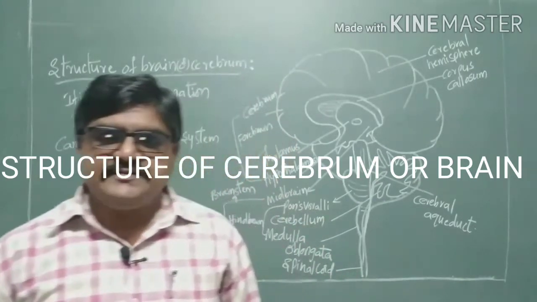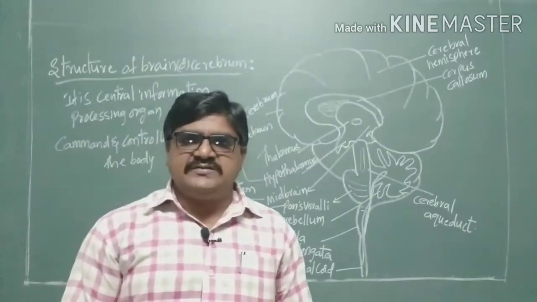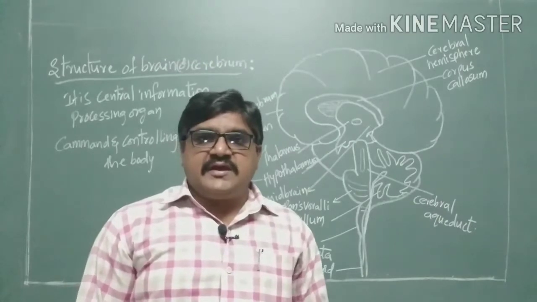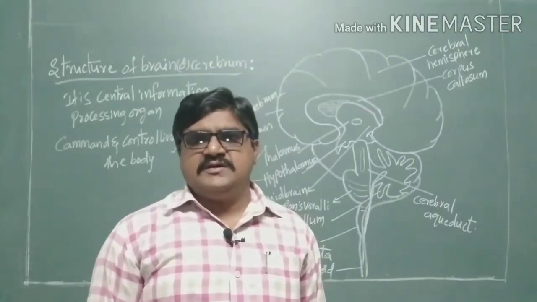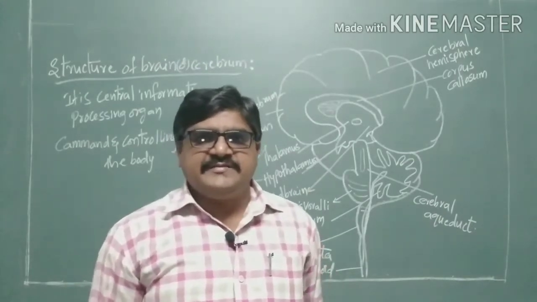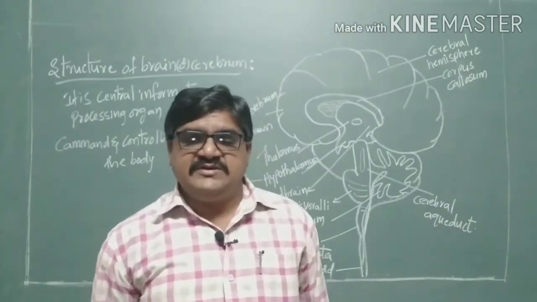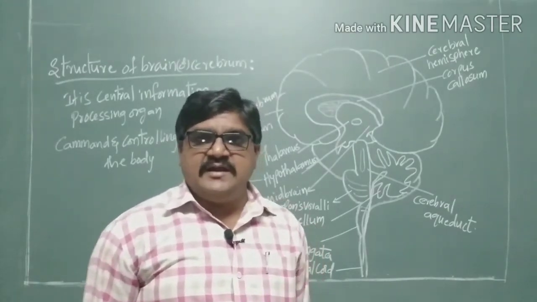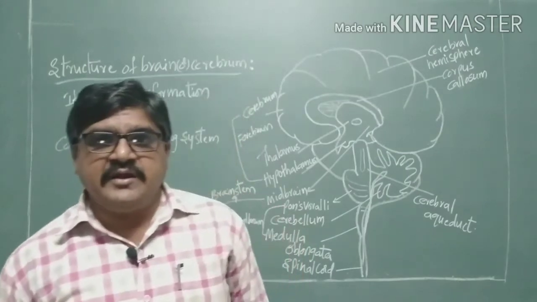Good morning, students. In the last class we studied the three coverings. The brain and spinal cord, or central nervous system, are covered by the skull as well as the vertebral column.